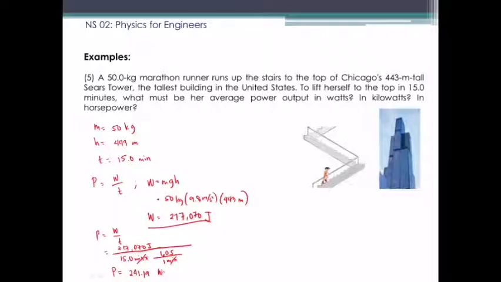Now, the answer in kilowatts is 0.241 kilowatts. If we convert that to horsepower, 0.746 kilowatts in 1 horsepower, that is 0.323 HP, horsepower. So you have your 3 answers now.